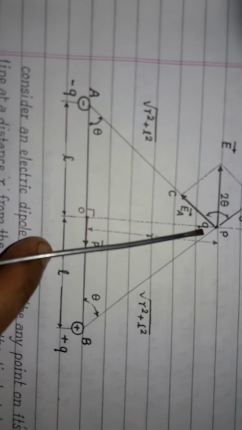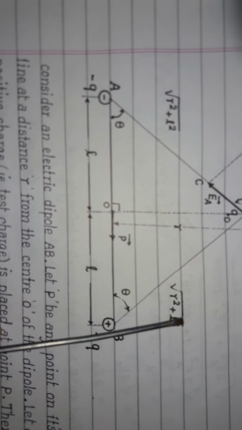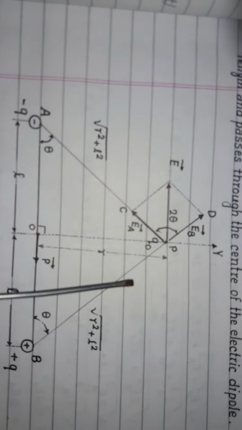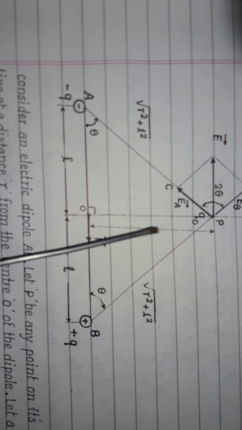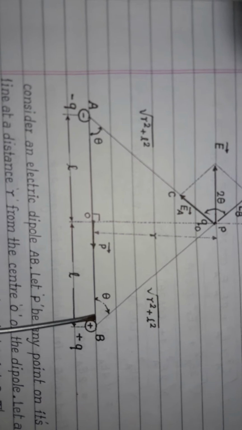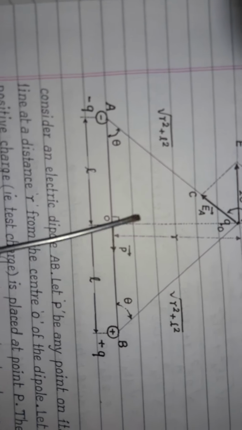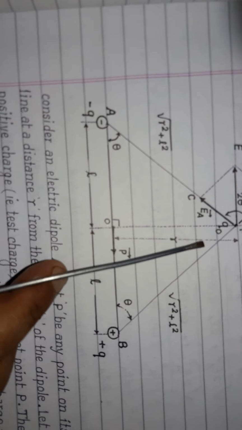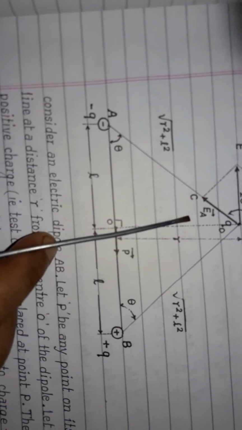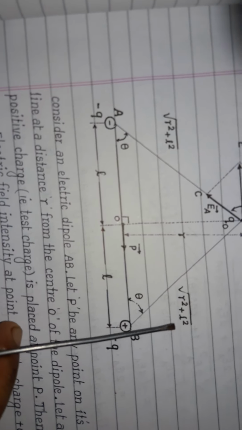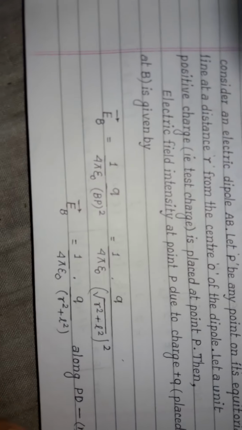But from the diagram, BP is root over r square plus L square. How? In the right angle triangle POB, this is L, this is r. Therefore, PB equals root over L square plus r square, by the Pythagoras theorem.